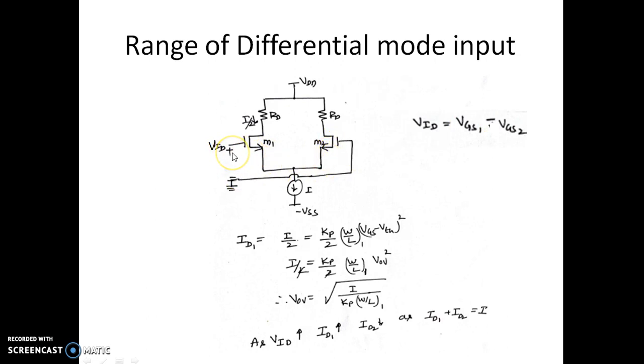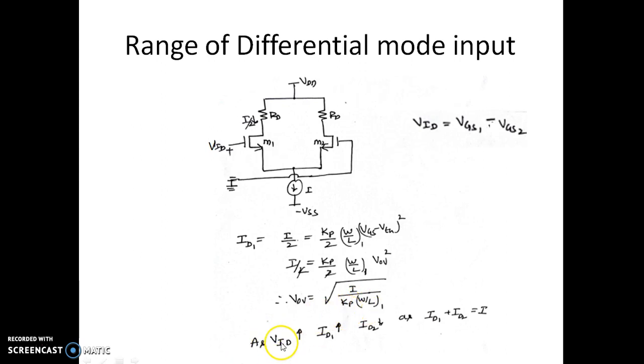If you write the KVL equation for this VID in terms of VGS1 and VGS2, it could be this expression. The current flowing through the transistors M1 and M2 is equal to I by 2, and it is given by the expression Kp by 2 into VGS minus VTH whole square. So we can express VOV in terms of I, Kp and the dimensions also.